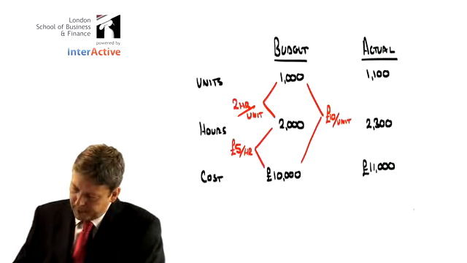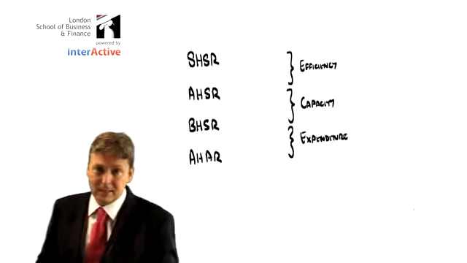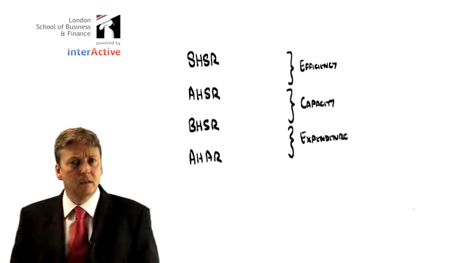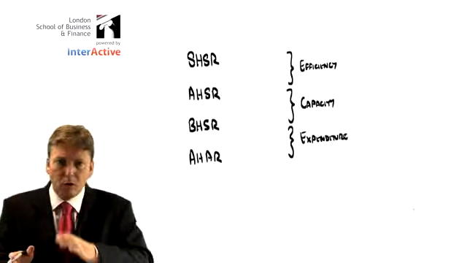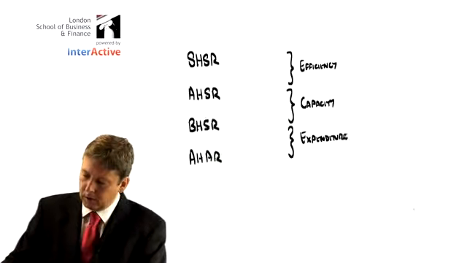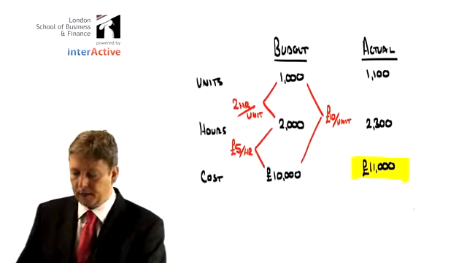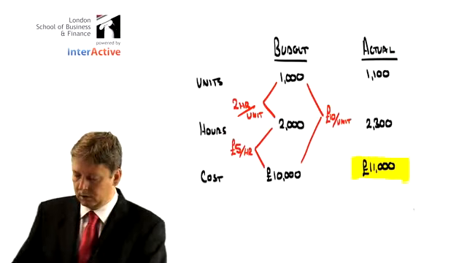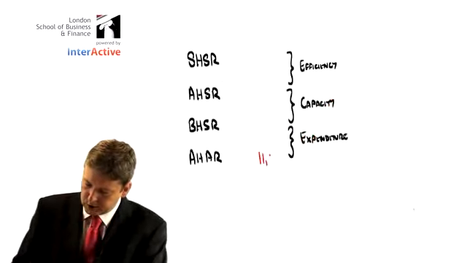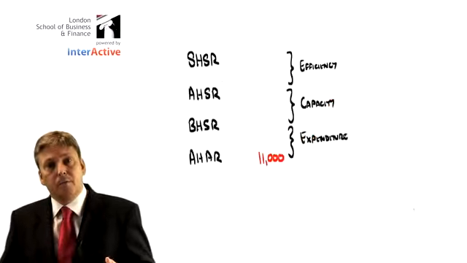Remember, when I prepare these, I always tend to start at the bottom because the numbers tend to be easier. Actual hours, actual rate. Do we know that? Well, actual hours multiplied by actual rate will give us the total actual cost. And if we look at the information above, aren't we given the total actual cost here of 11,000? Not too difficult. So we just slot that in there. Next one up.